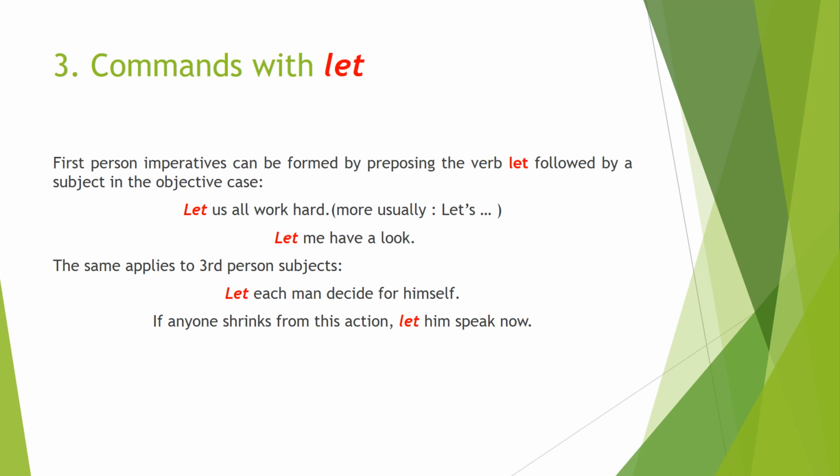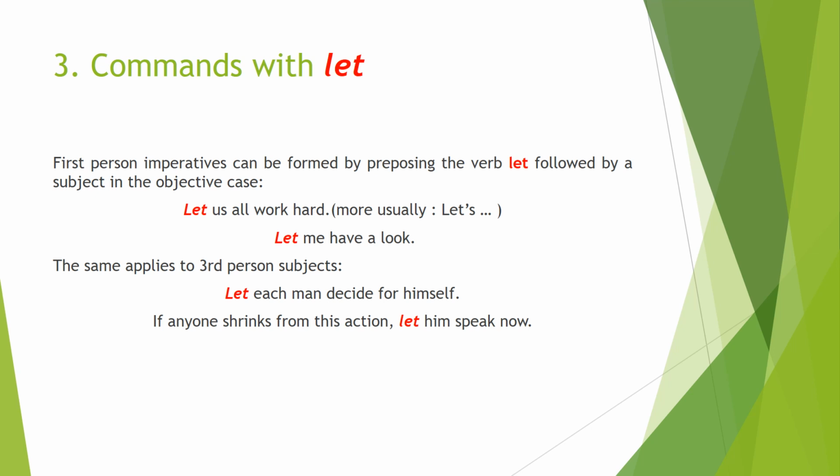So we can have commands starting with the verb let, followed by pronouns, subjects that usually come in the form of pronouns, and these pronouns have to be in the objective case. What does it mean, the objective case? It means in the object form, because they are going to function as the object for the verb let.